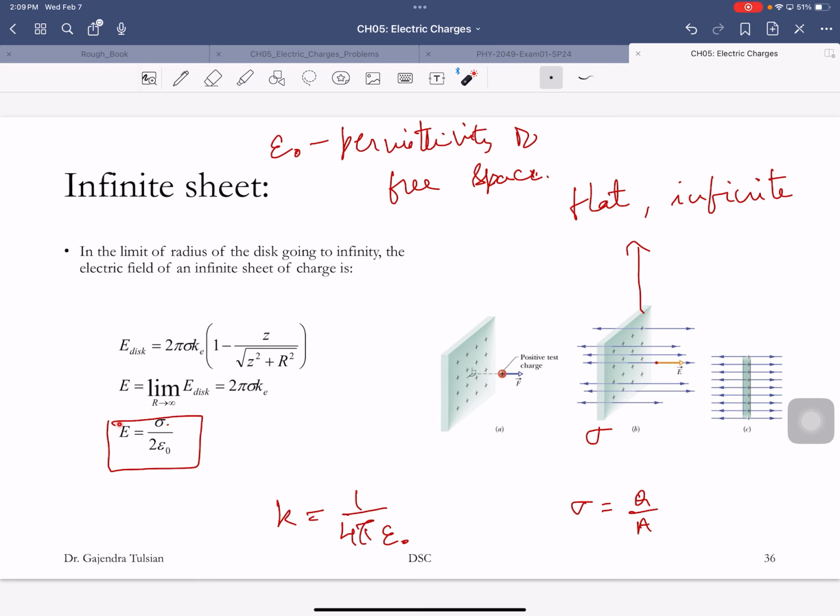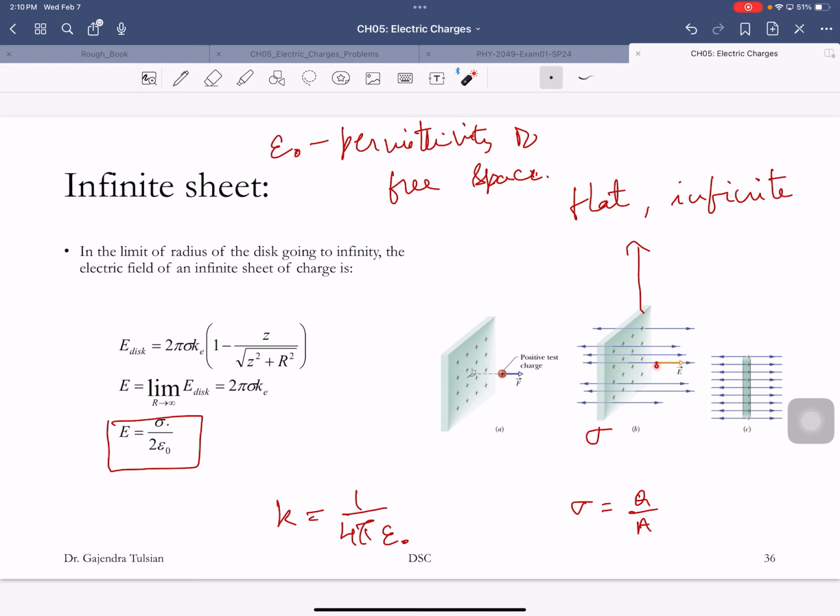Now, there's something very strange about this expression. Let's see if you guys can notice that. What's strange about this expression? This is giving you an electric field at that point. So this is an infinite flat sheet, evenly smeared with charge, and that's the surface charge density.